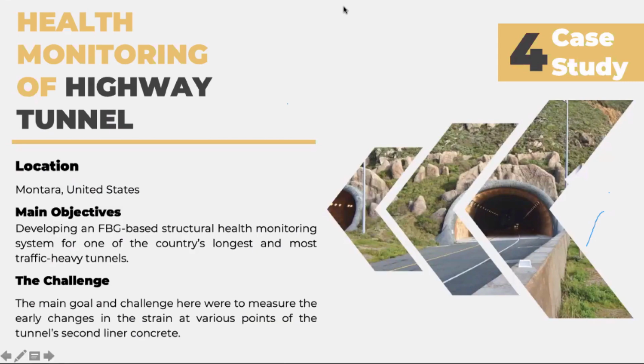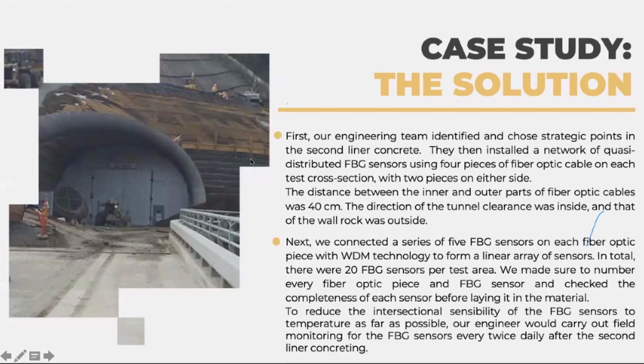Oh, Mr. Ashok, let's go to the next slide. So basically, 20 FBG sensors were placed in the test area of the tunnel while it was being constructed. Let's move to the next slide.